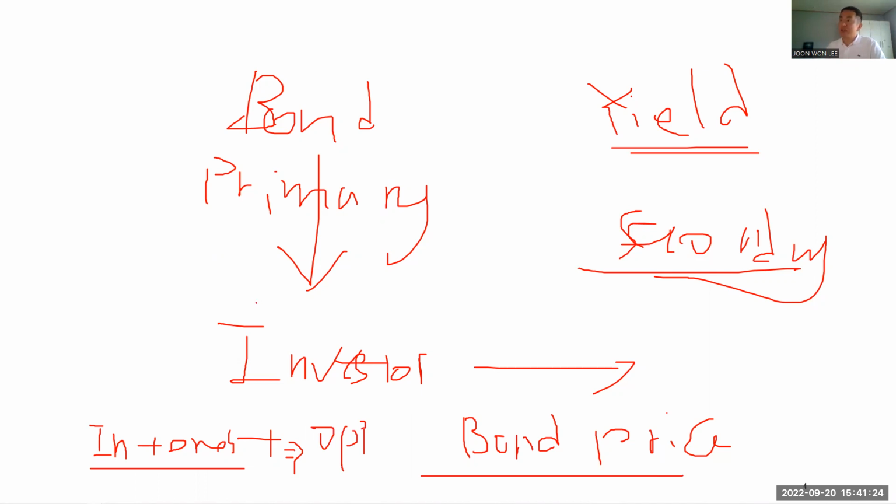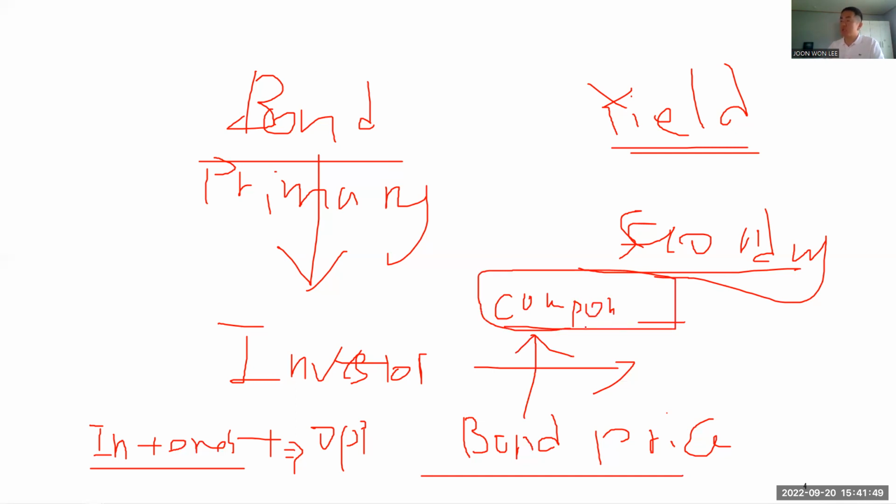The cash flow you expect from the bond is mainly the coupon. Some bonds are zero coupon, but the main cash flow, the interest we receive from a bond, is the coupon, right?